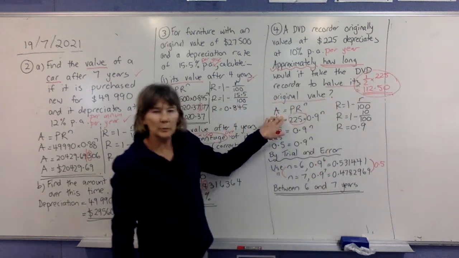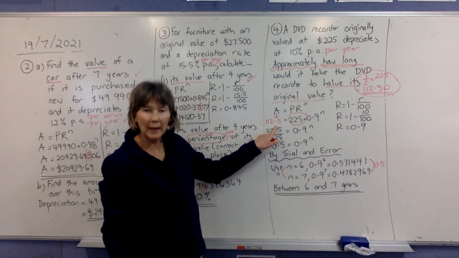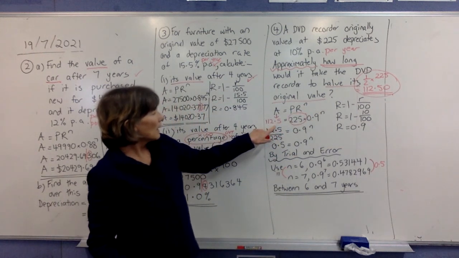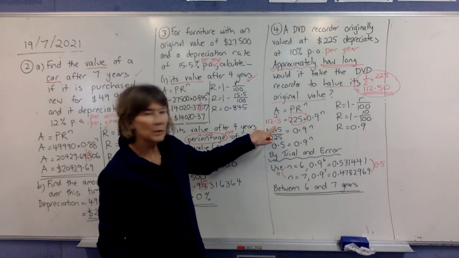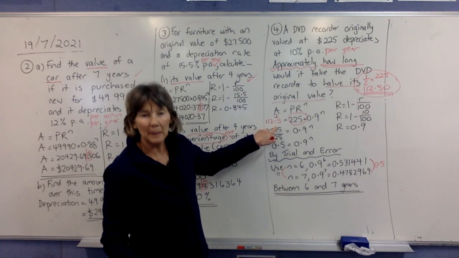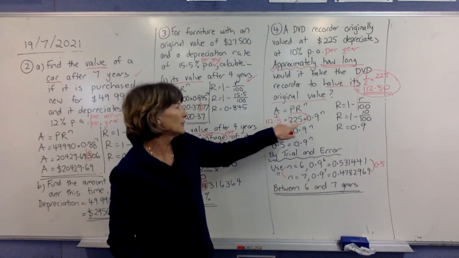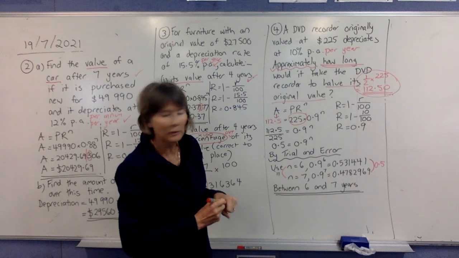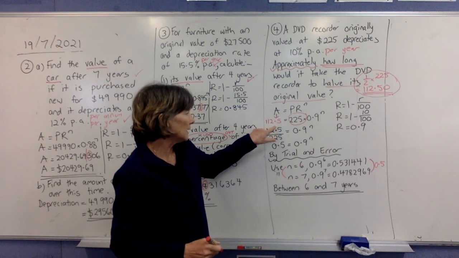That's what half its original value is. So we can put that, I left the zero off, but that's okay. I put that number in here because that is what we want the value to be now. We want it to be half its original. So we want it to be 112.5.